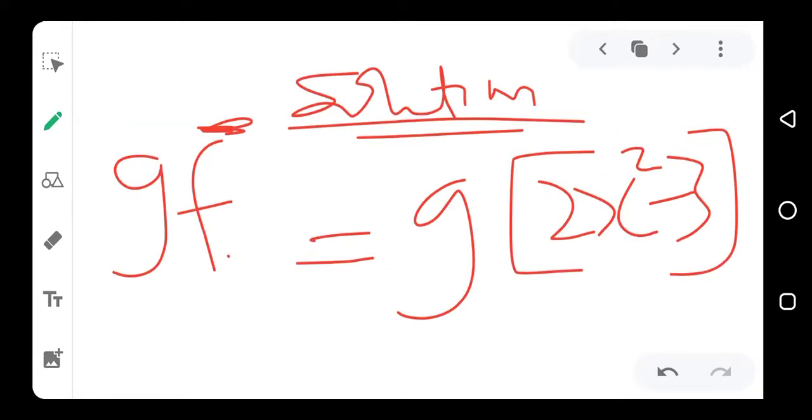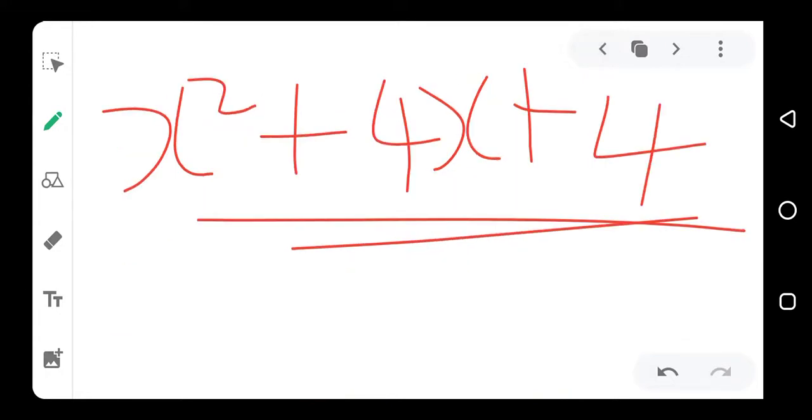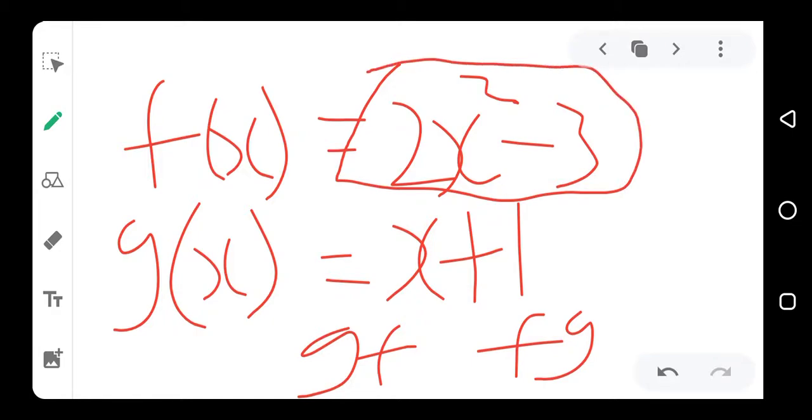Why? This is because in the equation given to us, g of x is equal to x plus 1, and from here x is this, so we use this to put in place of x, and then we add the 1 that is here. So that is why it is this.